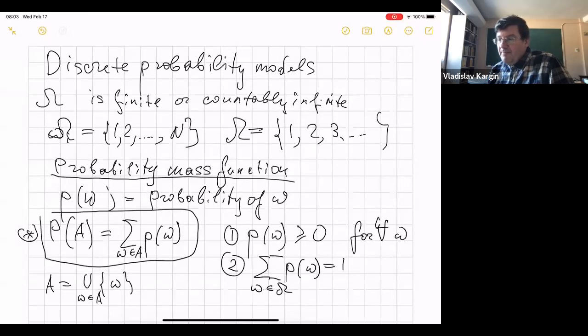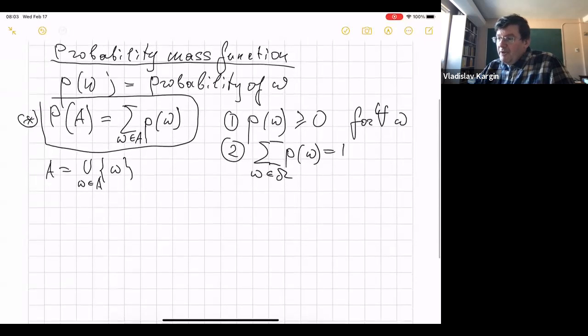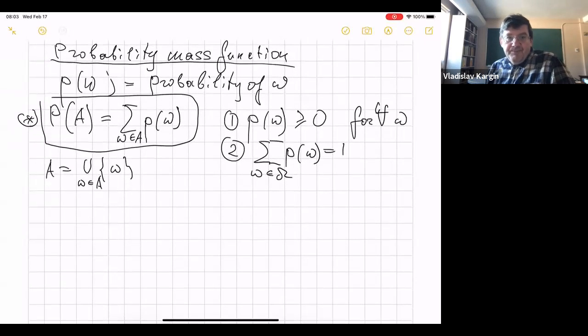Now in practice, if you want to build a model, you need to define this probability mass function. It's easy to make it non-negative, but it's not so easy sometimes to satisfy the second condition.